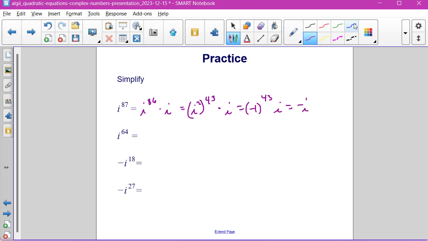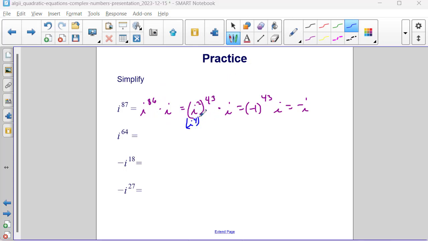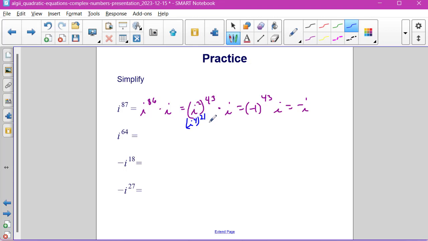The other way of doing this, using the remainder with division by 4: 87 doesn't get divided by 4 evenly. It would be i to the 4th power raised to the 21st power times i cubed.